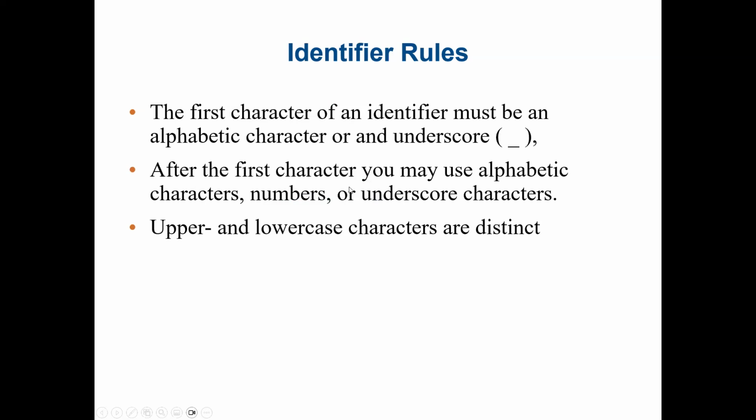After the first character, you can use alphabetic characters, numbers, or underscores. You can also use both upper and lowercase characters, and they are distinct, which means lowercase a and uppercase A are different.